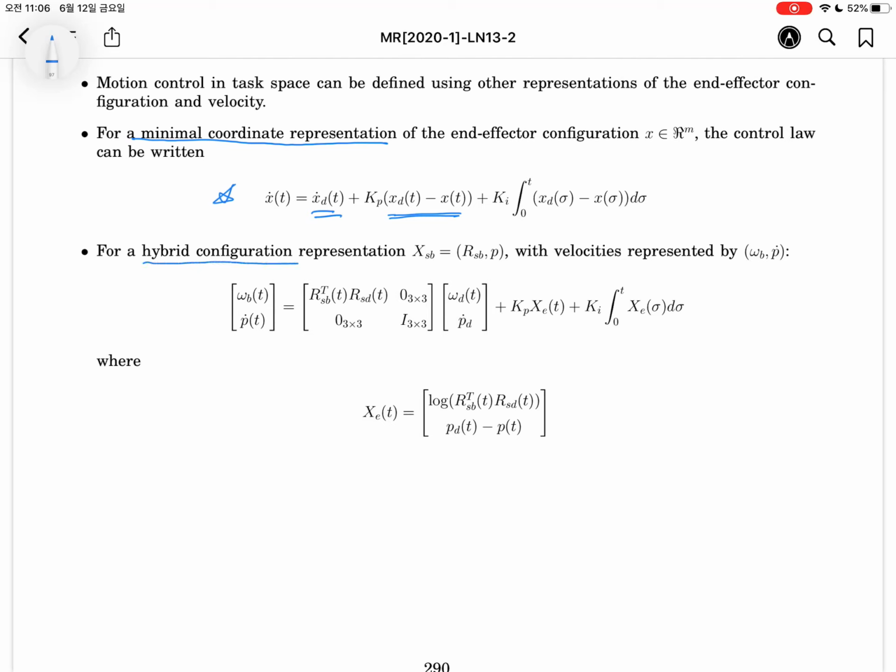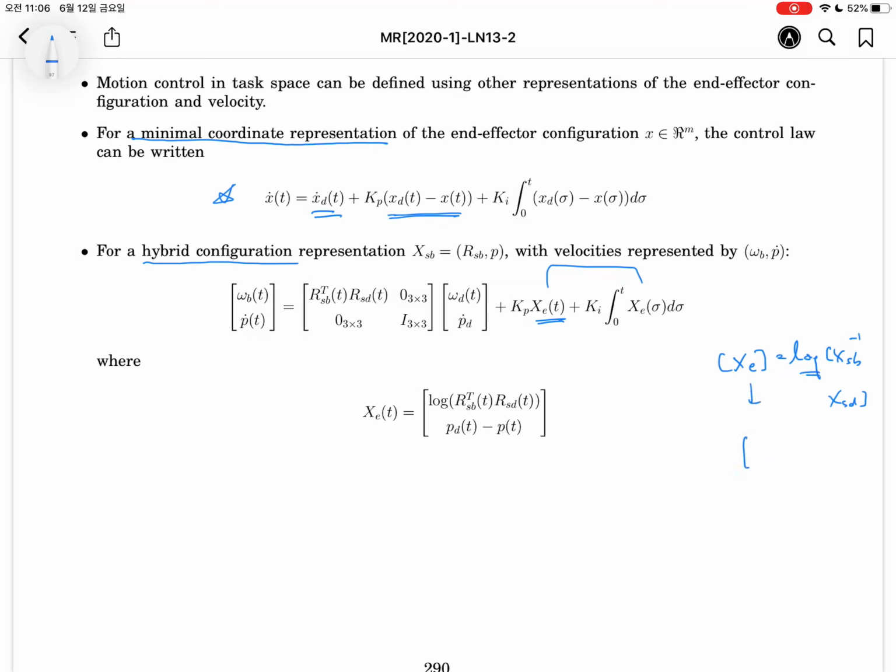On the other hand, in the hybrid configuration case, the remaining PD control is the same, but this notation is a little different. In the previous slide, XE skew-symmetric form is log XSD SB inverse XSD.